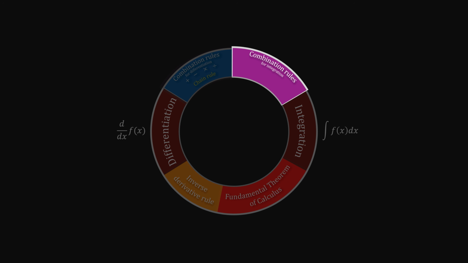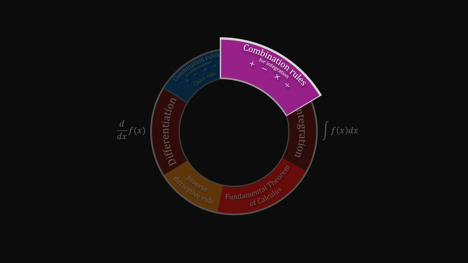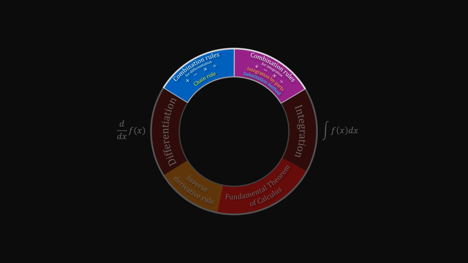In this video, we will finish our integration arsenal with two important rules: integration by parts and substitution rules. Not surprisingly, these integration rules correspond to differentiation rules. So we're going to approach the integration rules by comparison to the differentiation rules.